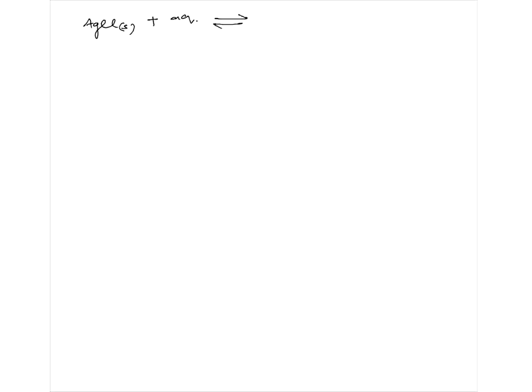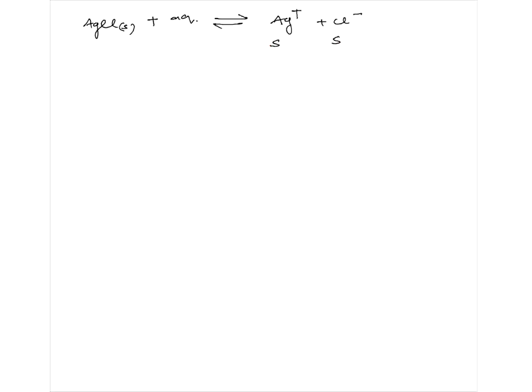Some part will dissolve, and that part which dissolves ionizes also, giving you Ag plus and Cl minus ions which are present in the solution. Now, if S part dissolves, I am talking about molarity, not gram per liter.